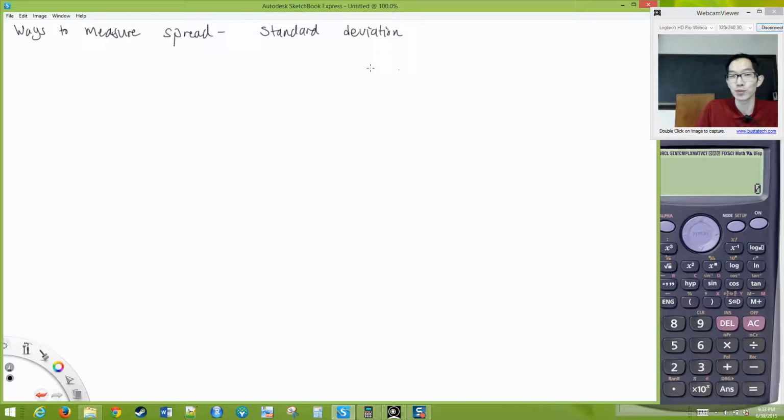So now you will know. The standard deviation, and then we also have the range, and we have the IQR, which is the interquartile range. Okay, so these are ways for us to measure spread.